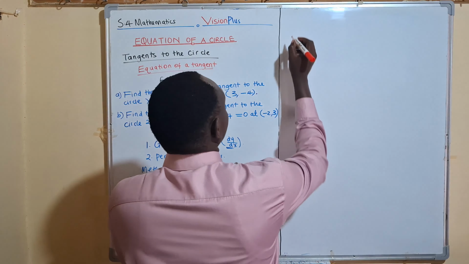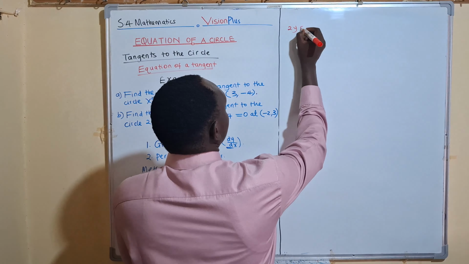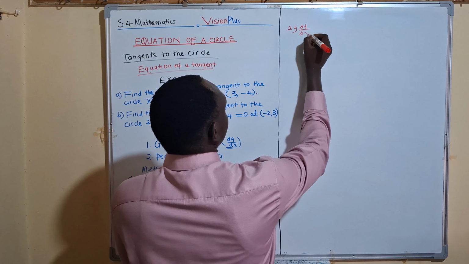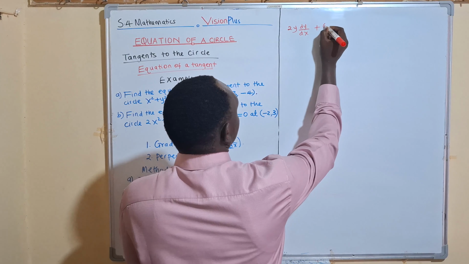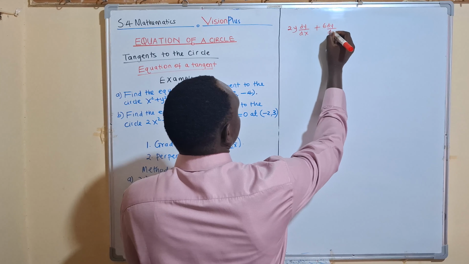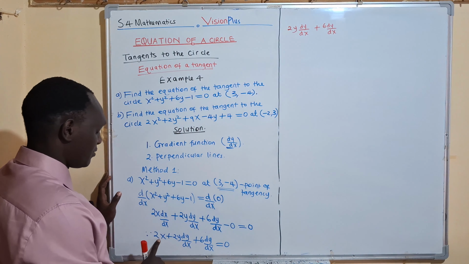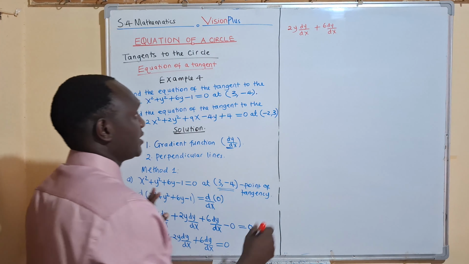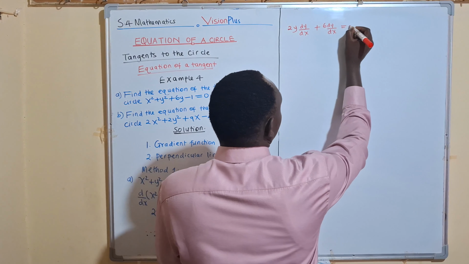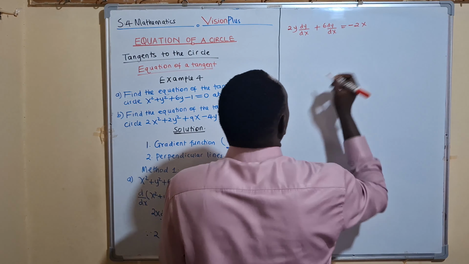Let us keep 2y dy/dx plus 6 dy/dx on one side and carry 2x to the other side to become negative 2x.